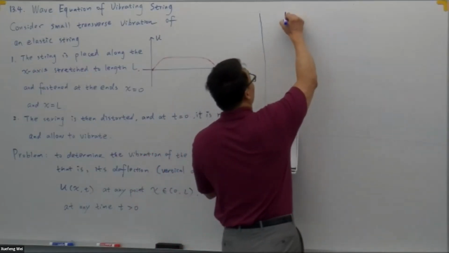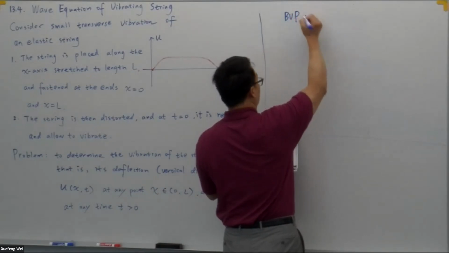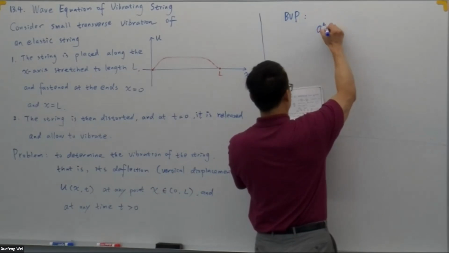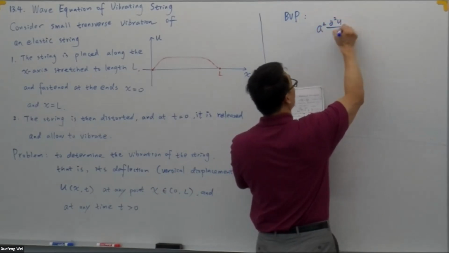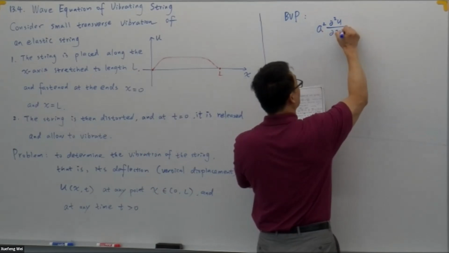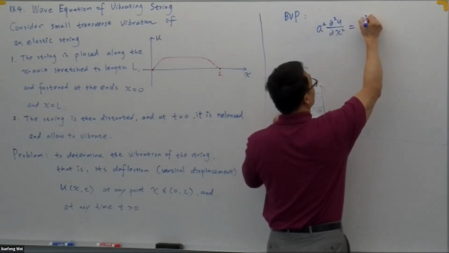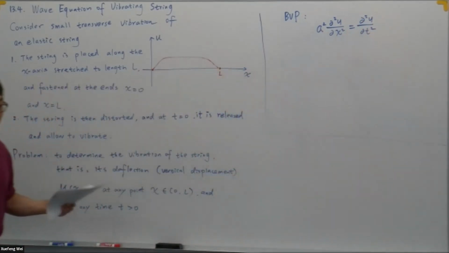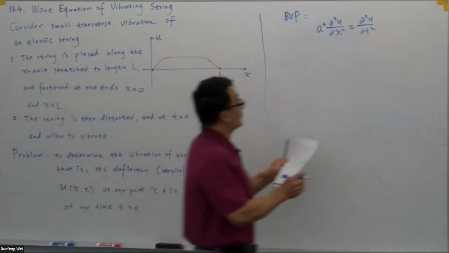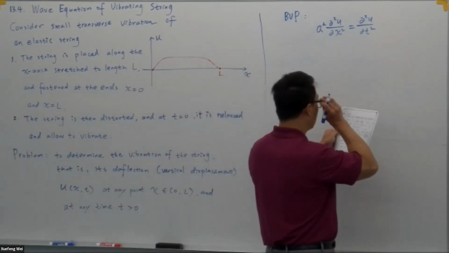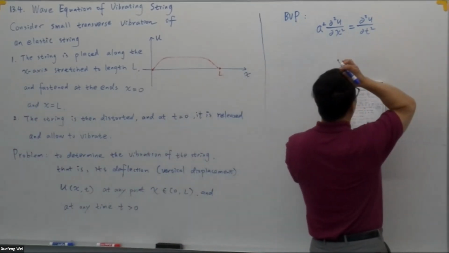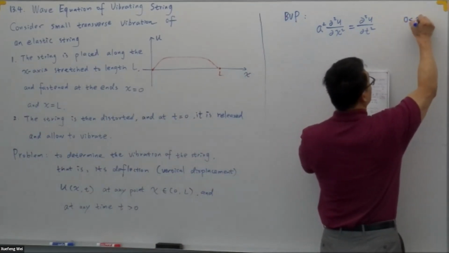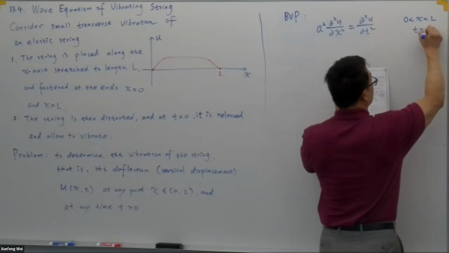So our boundary value problem is, our wave equation is a squared partial squared u partial x squared equals partial squared u partial t squared. So that's the wave equation. x is from 0 to L, t is bigger than 0.